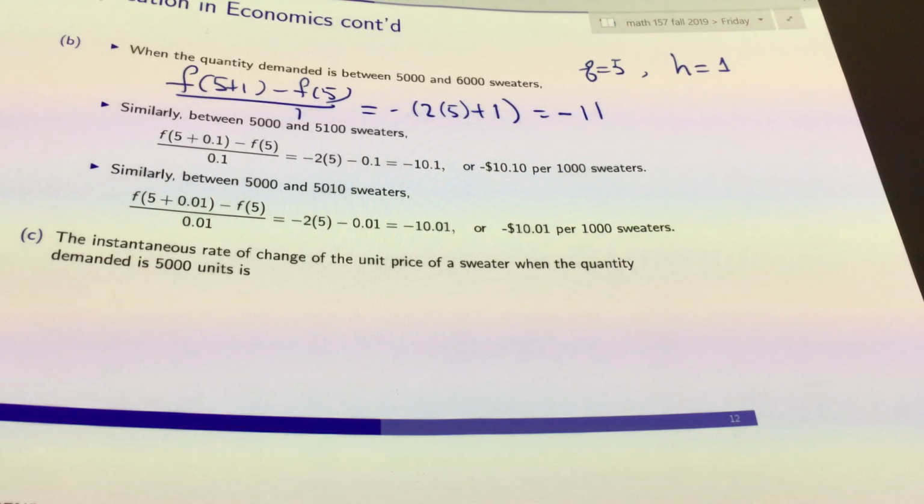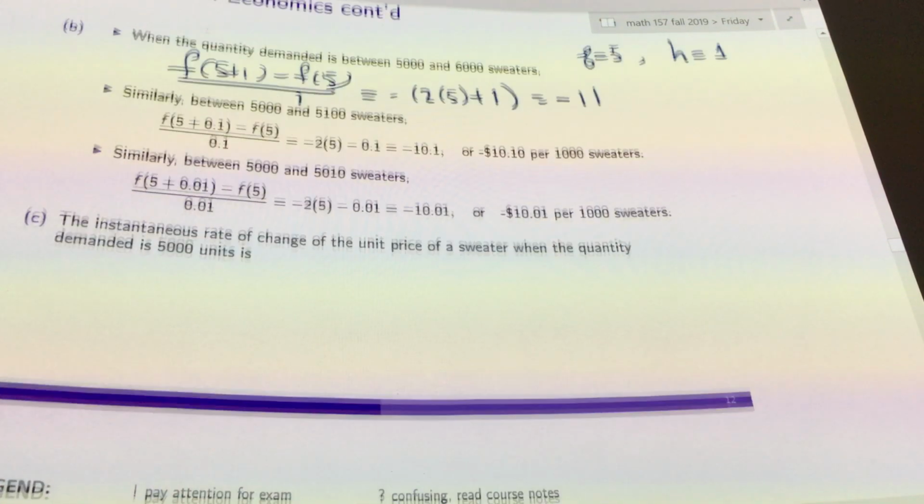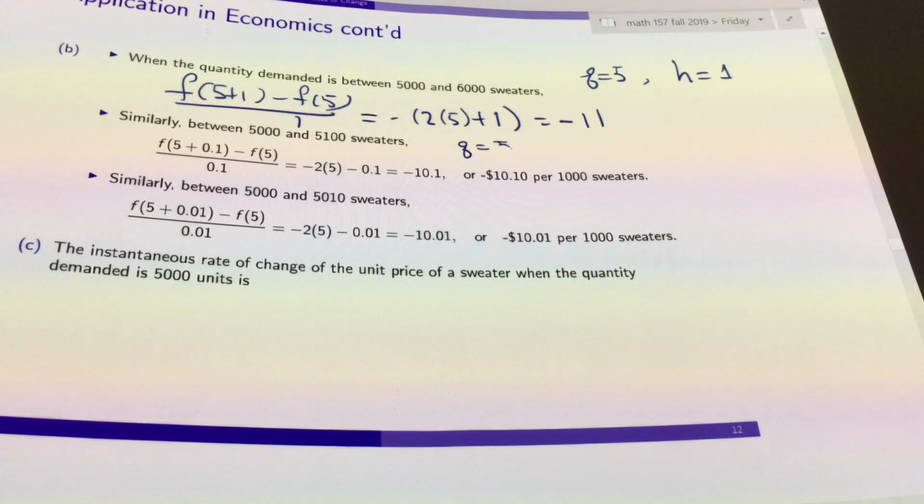If you increase the quantity from 5,000 to 6,000, you will decrease the price by $11. Okay. Then you can do the other interval. So this means Q is equal to 5. And what is the h? h is different. So it's 0.1. Okay? Right? In thousands, so it's a 0.1 change.